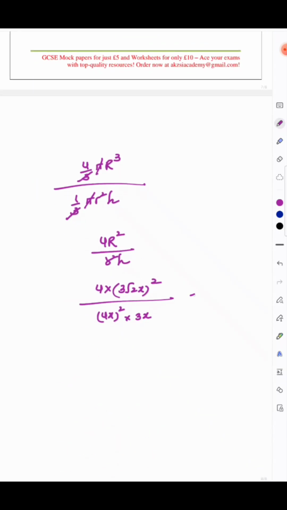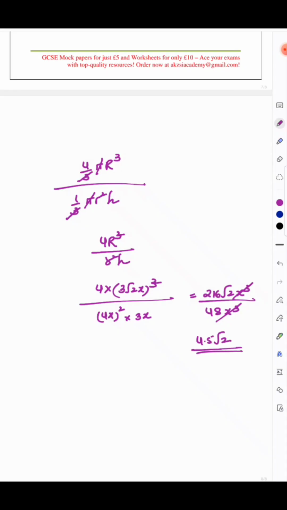So this will give me 216 √2x cubed in the numerator, and on multiplying the denominator, 16 times 3, 48x cubed. x cubed I can easily cancel out. 216 over 48 will give me 4.5√2.